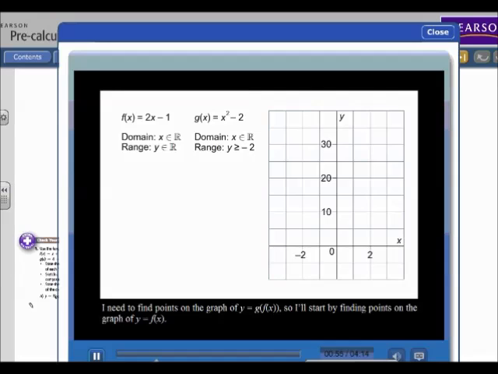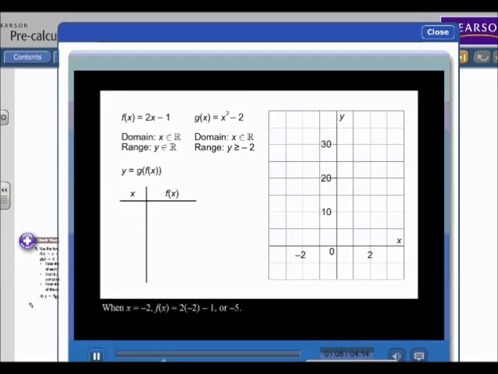I need to find points in the graph of y equals g at f at x, so I'll start by finding points on the graph of y equals f at x. When x equals -2, f at x equals 2 times -2 minus 1, or -5.